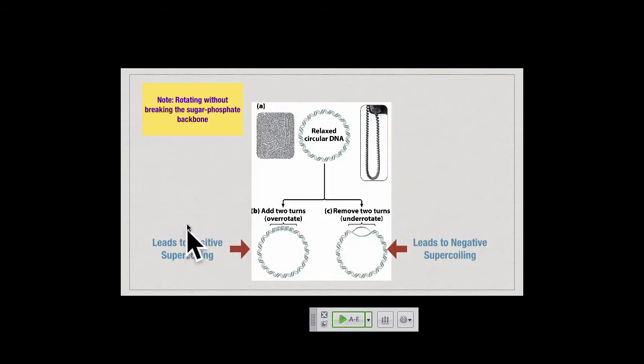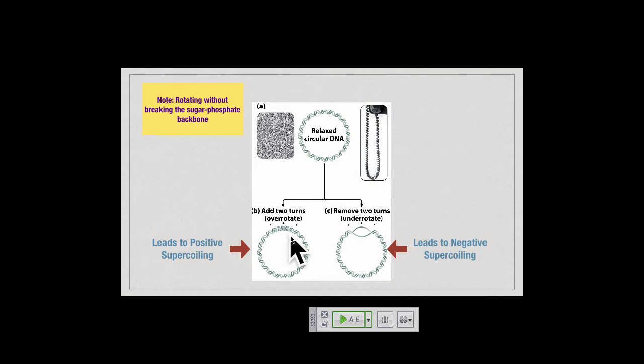Okay. So here's our model that we started with. And here we're going to add 2 turns. If you look closely at this, you can see the spacing between these turns is a little closer. That's what they're trying to show you. So now the DNA is actually wound up tighter than you would expect at 10 bases per turn of the helix.